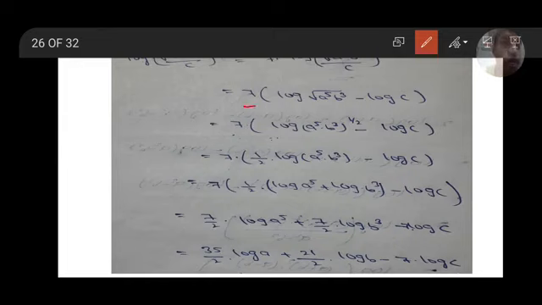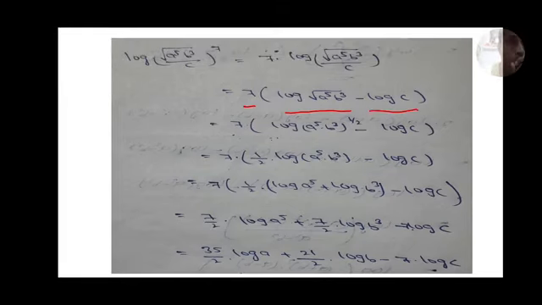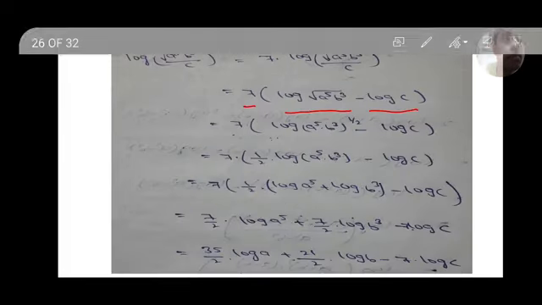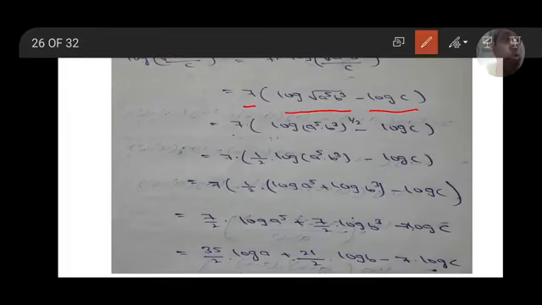So 7 into log square root of a to the power of 5 into b cube minus log c. In the numerator we have square root of a to the power of 5 into b cube, and in the denominator c, so it will come as minus. Next, if you remove the root, it means 7 into log a to the power of 5 into b cube whole to the power of 1 by 2 minus log c as it is.